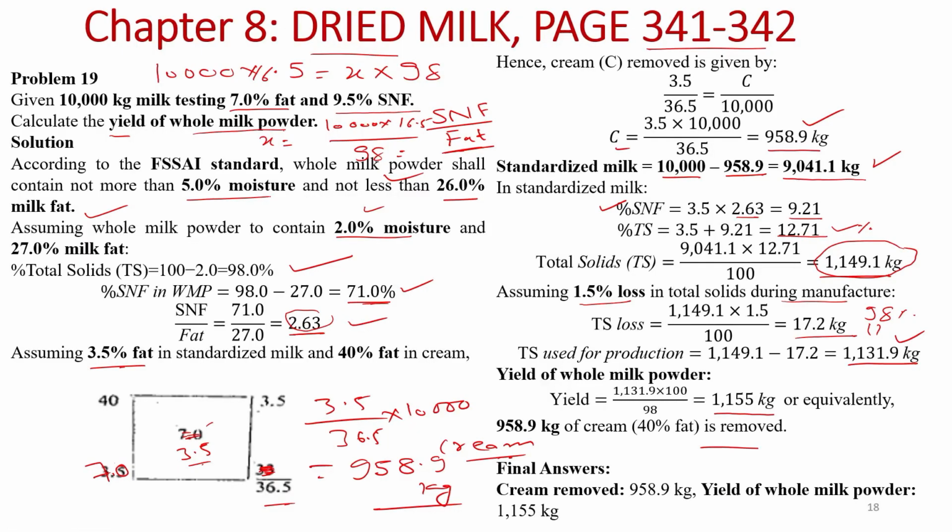Okay, with this we have solved all the 19 numericals which are given in the book by Sukumar Dey. Now these numericals will be readily available to you for revision and will definitely help you to solve similar problems coming in the competitive exams.